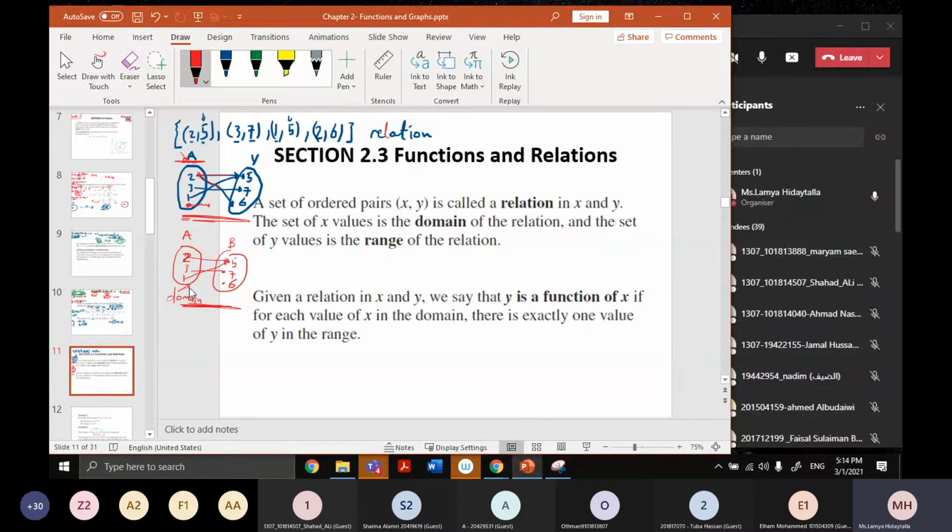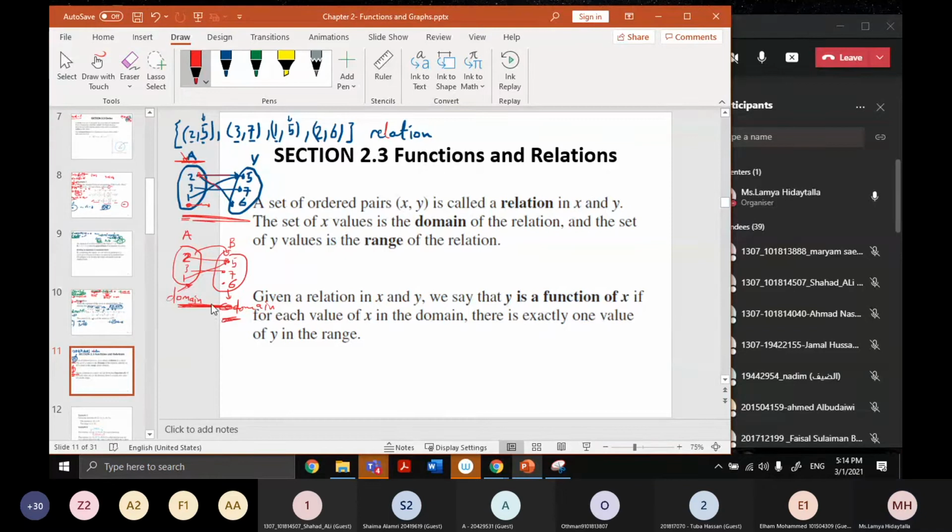Anyway, this set, from where you start the mapping, it starts from here and goes to this. We call it the domain. This one, we call it the codomain, the codomain of the function.